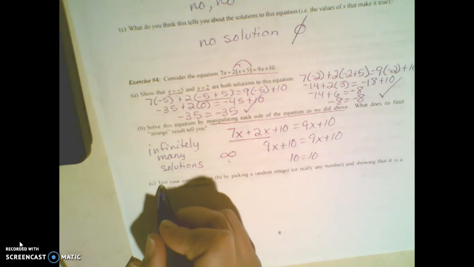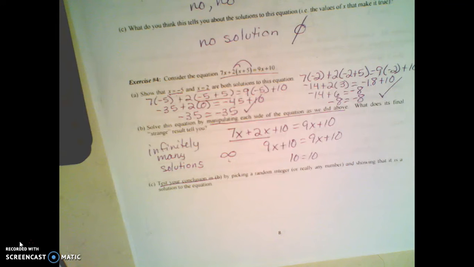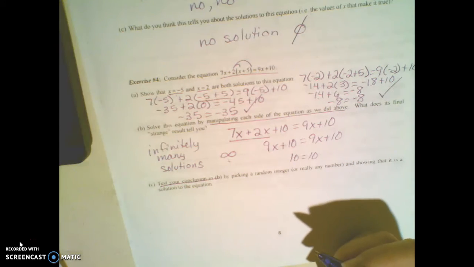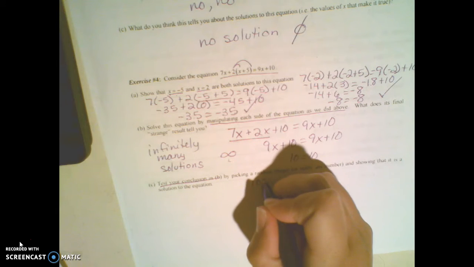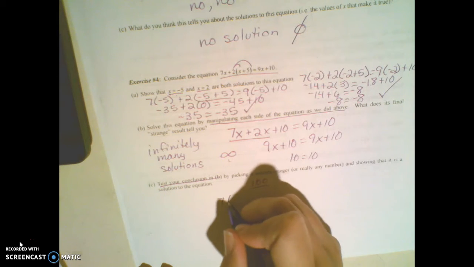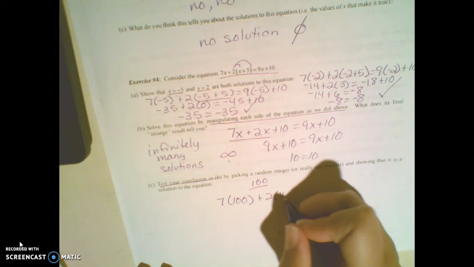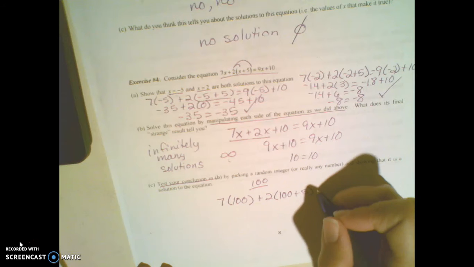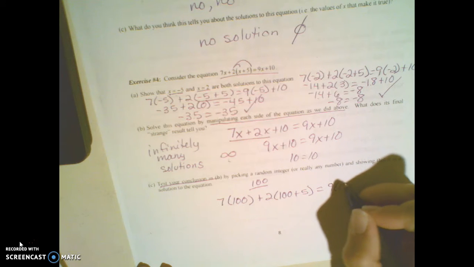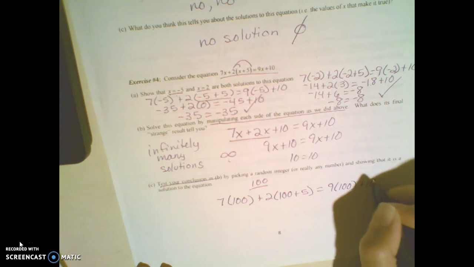Okay, so now they want us to test our conclusion by picking a random integer, anything we want. I'm going to pick 100 because why not? So I've got 7 times 100 plus 2 times 100 plus 5 equals 9 times 100 plus 10.